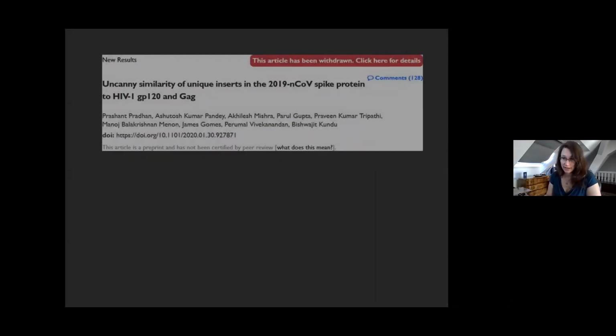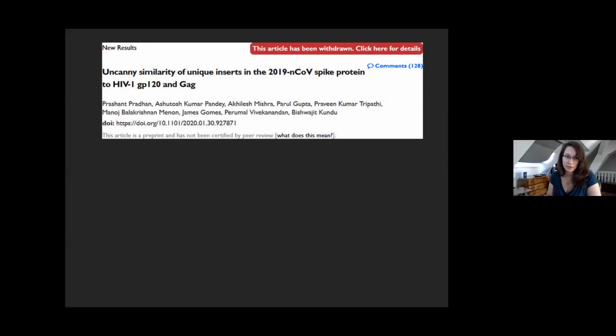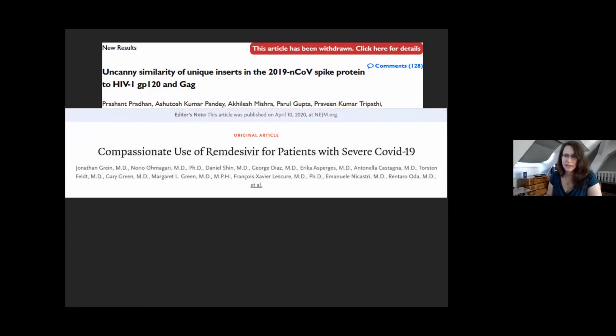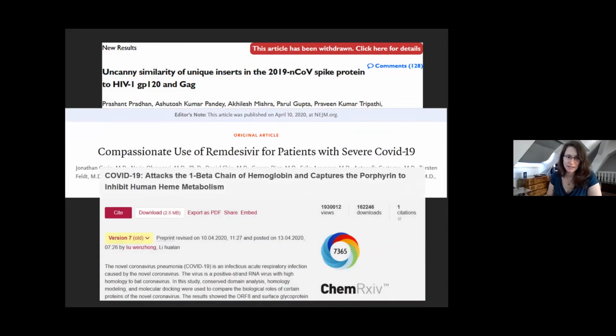And this is reflected well in the publications that have come out. There has been this one which claimed that HIV and spike have similarities. There was this early remdesivir study, you may remember, which has problems with its statistics.